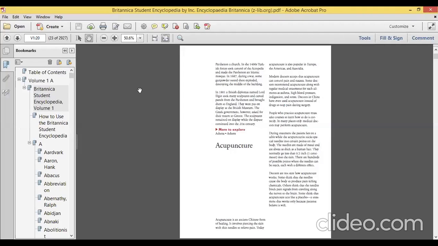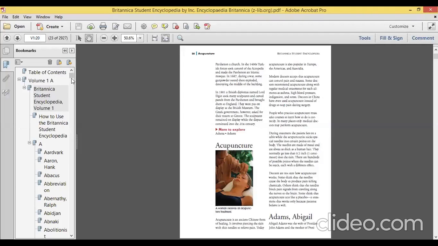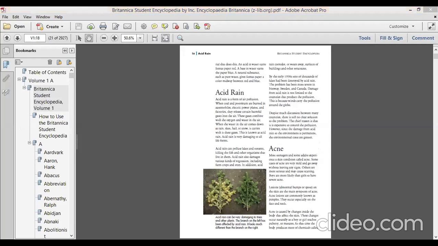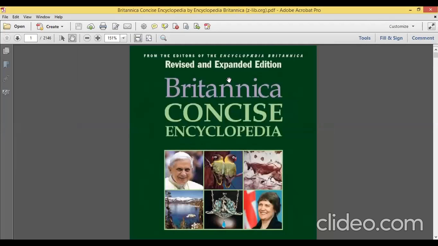I will send you this PDF encyclopedia. You will like it. Now this is the other version, the one that I want to show you. And here is the copy of Britannica Concise Encyclopedia.